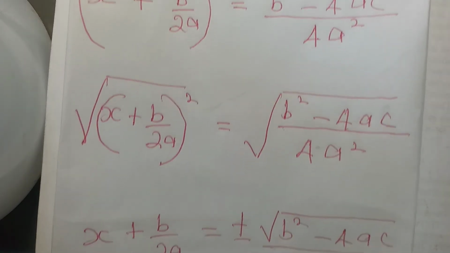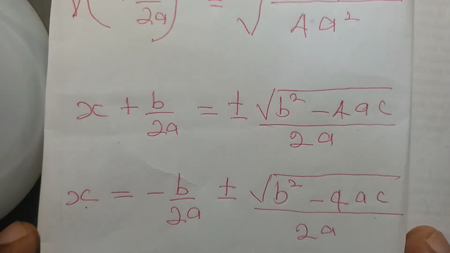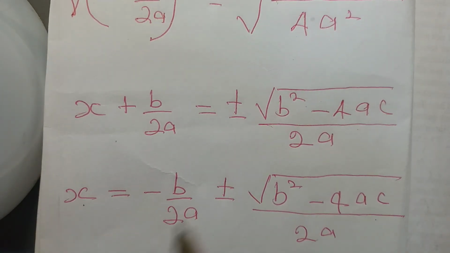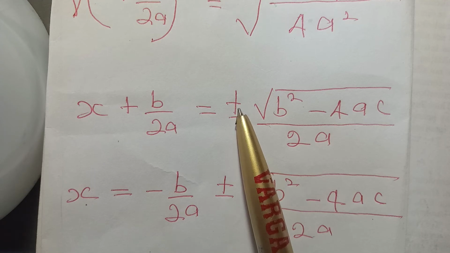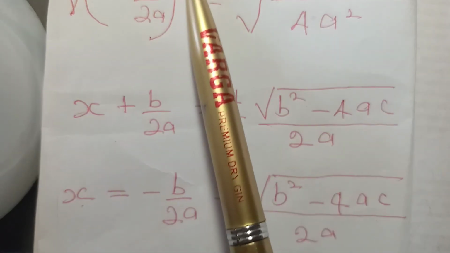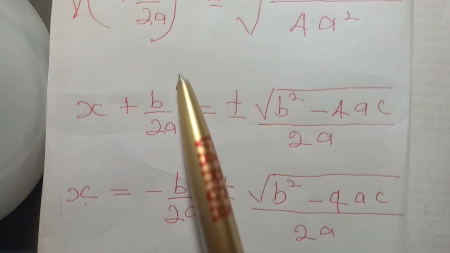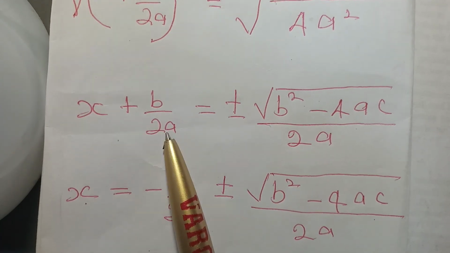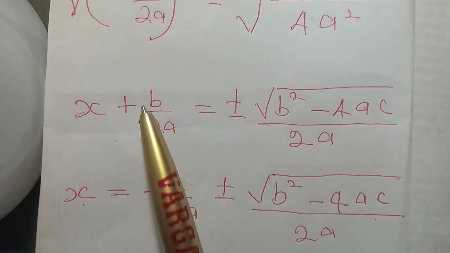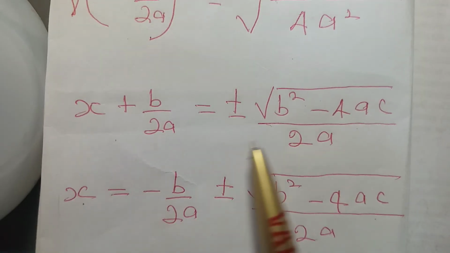Now, whenever you take the square root of a number, you introduce the plus or minus sign. Now, this x plus b over 2a, the square will cancel the square root. So the square root will no longer appear.